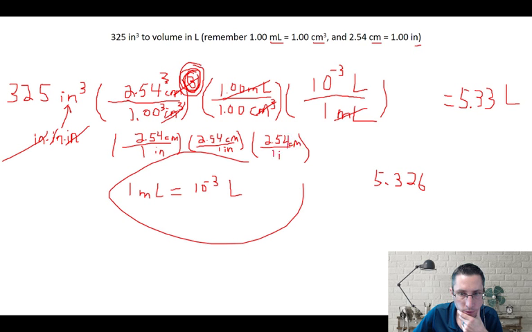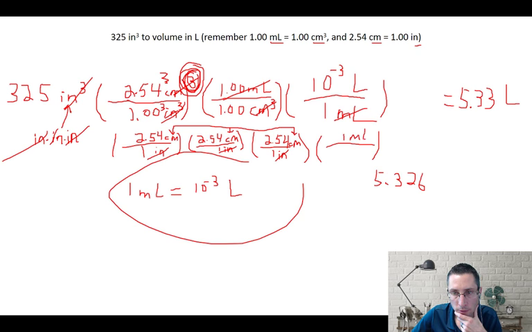All 3 of these inches would cancel all 3 of the inches cubed, and I'd be left with 1, 2, 3 centimeters, and all 3 of those will get canceled by the next unit factor, which is 1 mil per 1 cubic centimeter. Hopefully that makes sense. And then the last one there is I still have this 1 milliliter for 10 to the negative 3 liters.